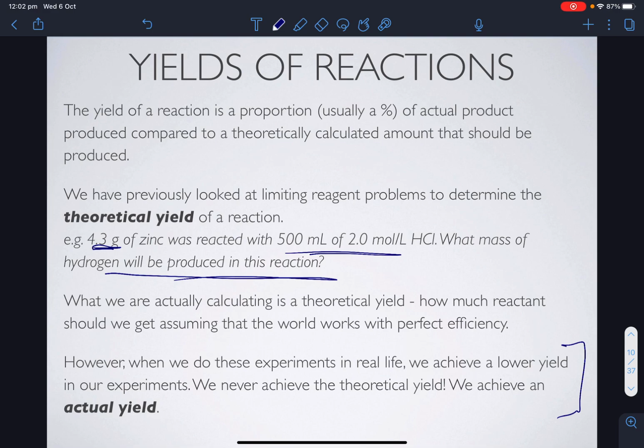We never truly achieve the theoretical yield, and there are many reasons why chemically. Please don't say human error. That will make my head explode. We can go a lot deeper than that, and it does go a lot deeper in your future chemistry career if you choose to go tertiary. What we do achieve, though, is an actual yield.